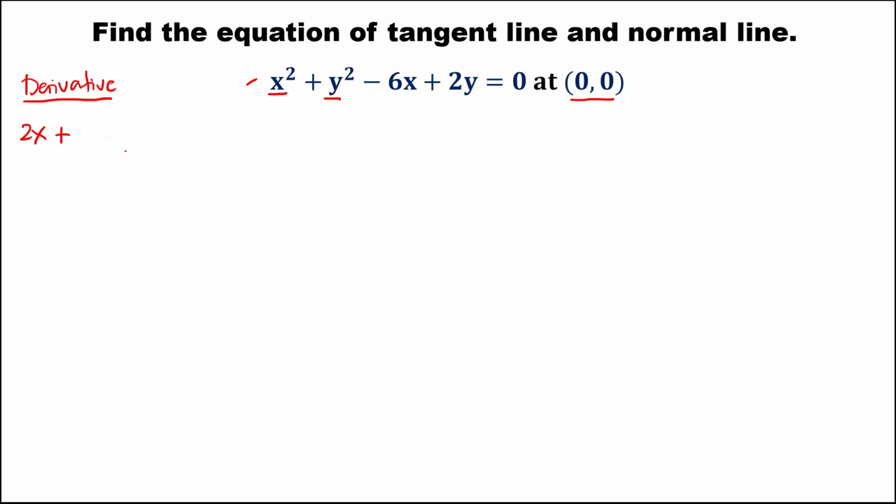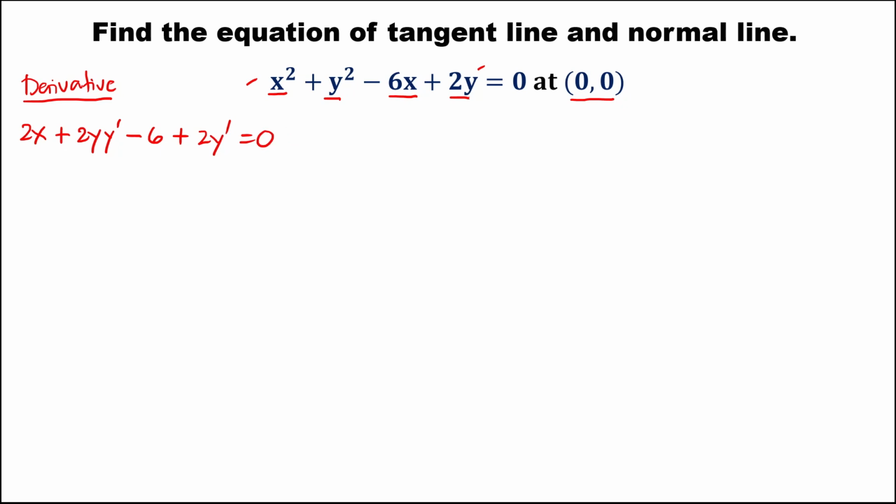So for this y squared, this is 2y y prime, then minus the derivative of 6x, this is 6, then plus the derivative of 2y. Again, the derivative of y is y prime, then equals 0.